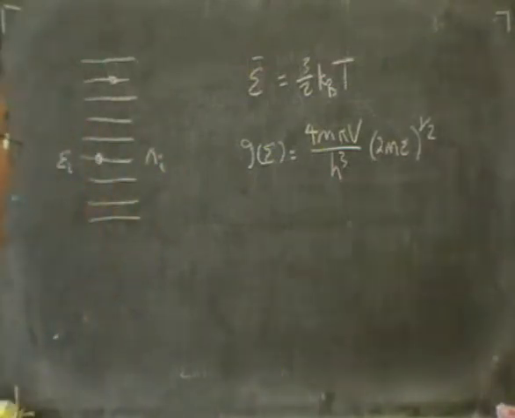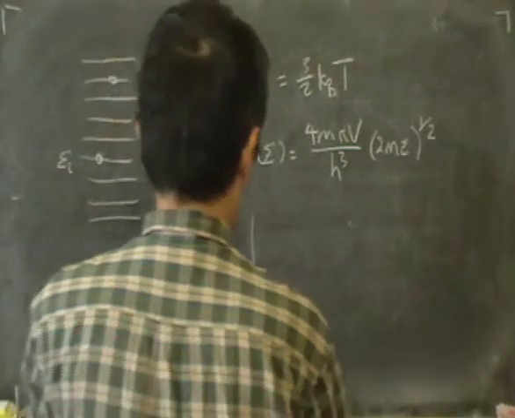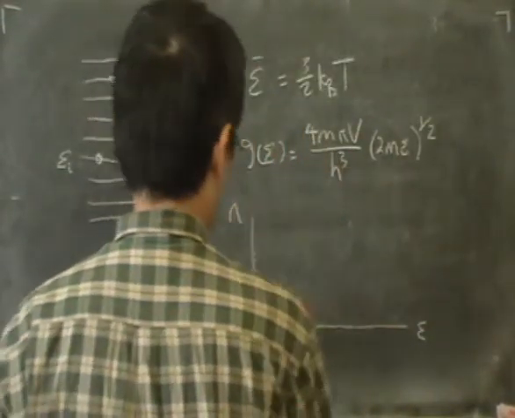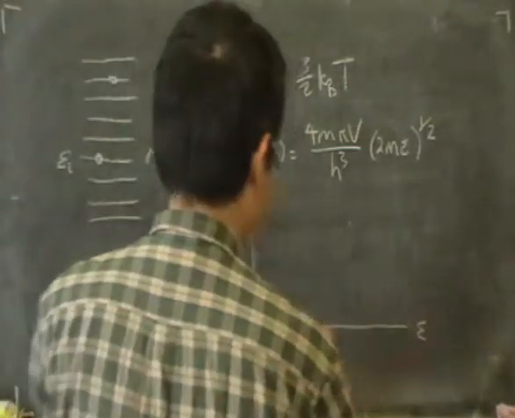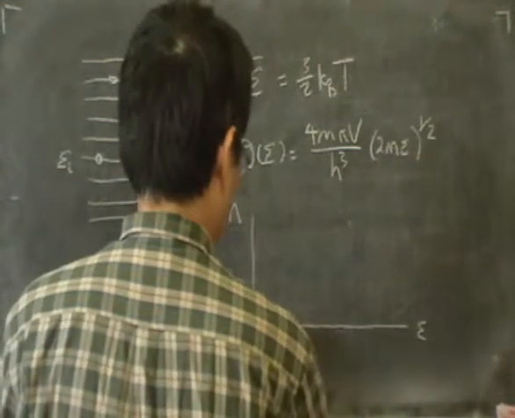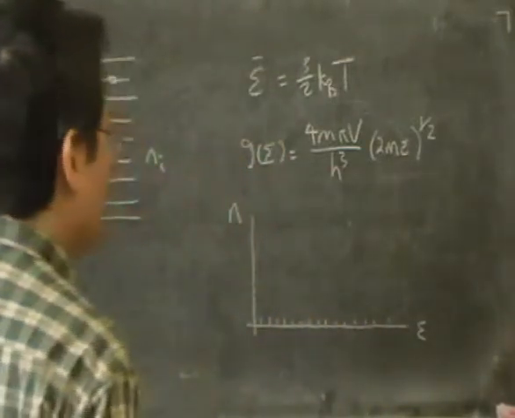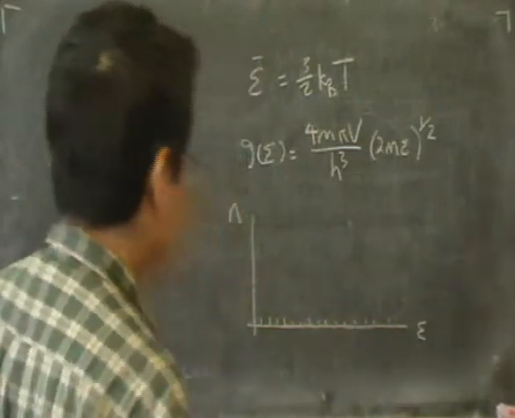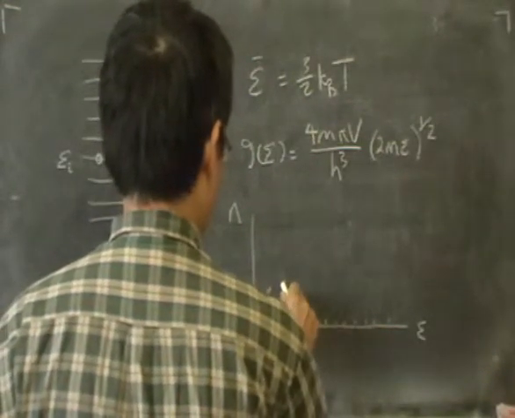Let's take a look at the distribution graph for number of particles among the different energies. So the energies only happen in discrete levels. All right. Now, at each energy state, there will be a certain number of particles.